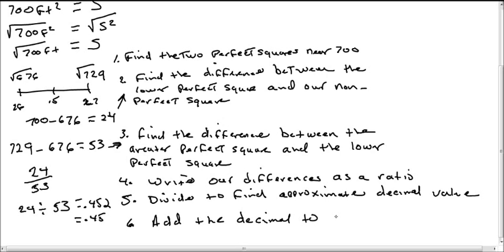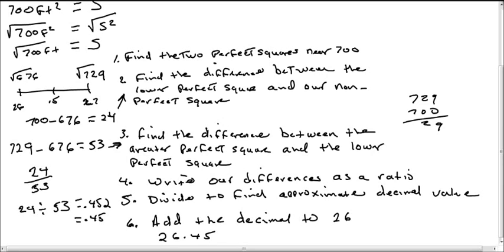Add the decimal value to 26, and we will get 26.45. And that makes sense, because if we subtract 700 from 729, we get 29. So they're so close together that it's pretty much at 0.5, just not really at 0.5.